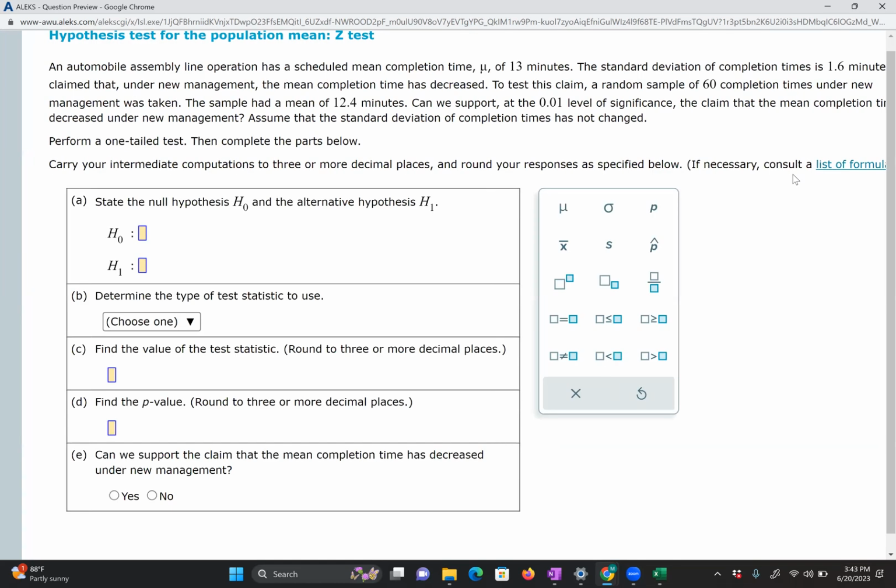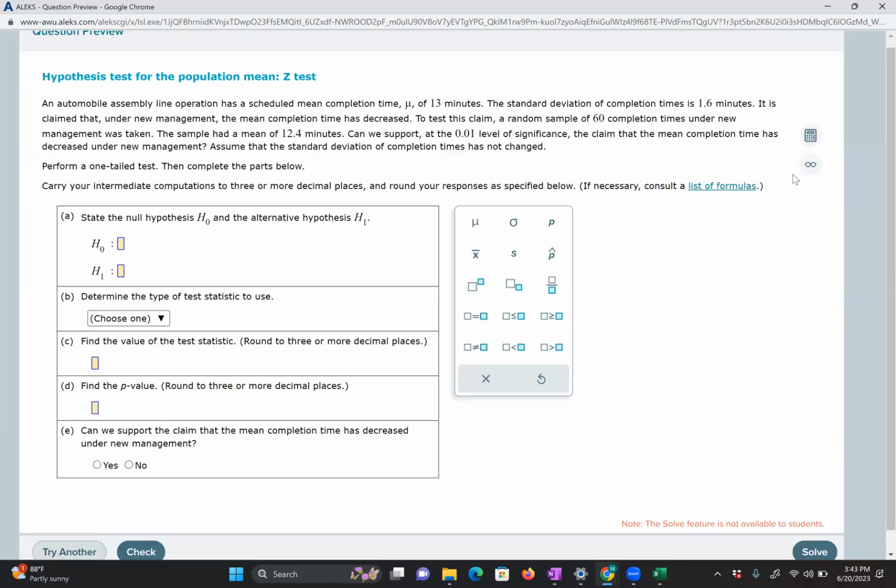Okay, let's try this one together. So this one says an automobile assembly line operation has a scheduled mean completion time mu of 13 minutes. The standard deviation of completion times is 1.6. It is claimed that under new management, the mean completion time has decreased.